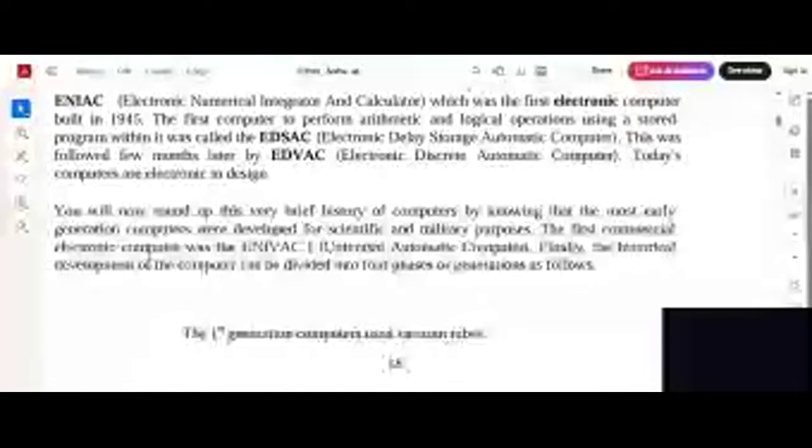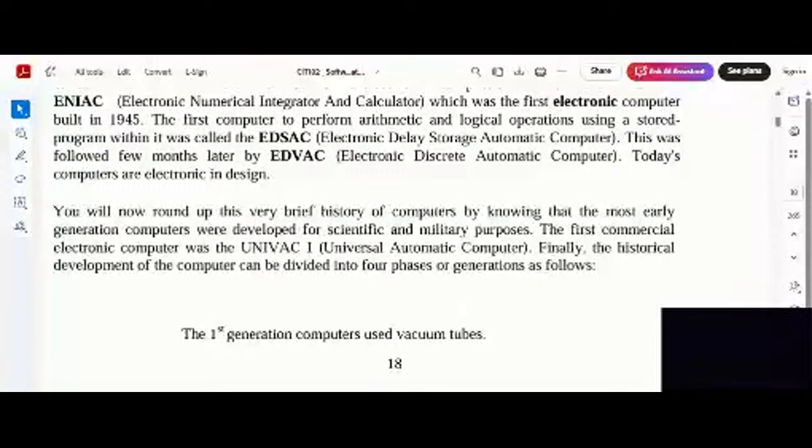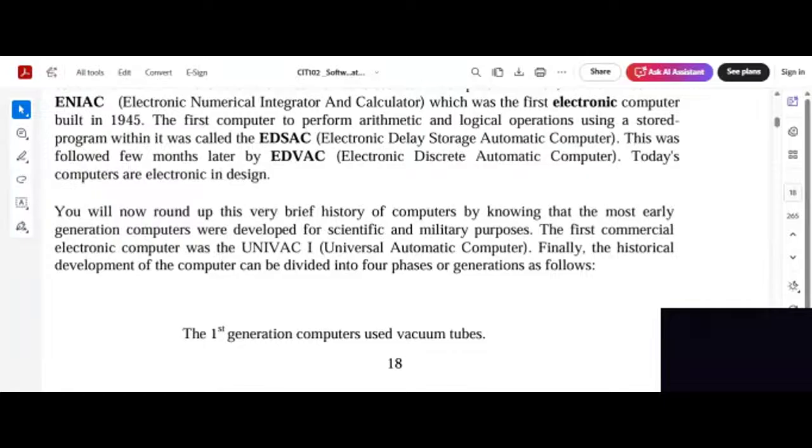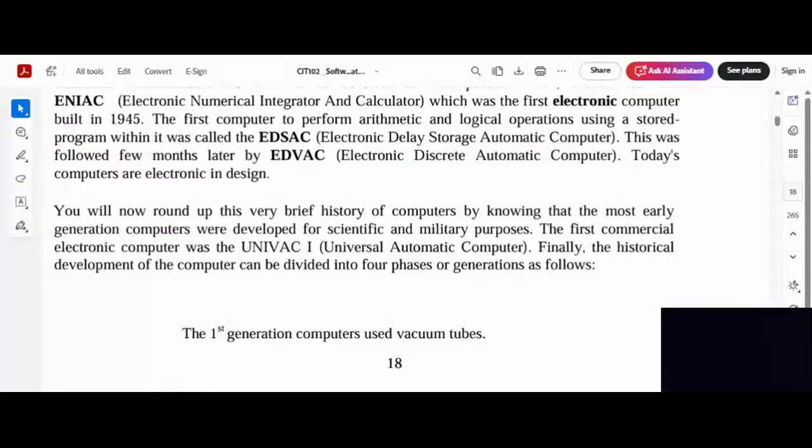You will now round up this very brief history of computers by knowing that the earliest generation computers were developed for scientific and military purposes. This statement is very important. What was motivating them during that time when they just started with ENIAC, EDVAC, and the rest of them? The main motivation was how to advance in science and how to get better in the military.